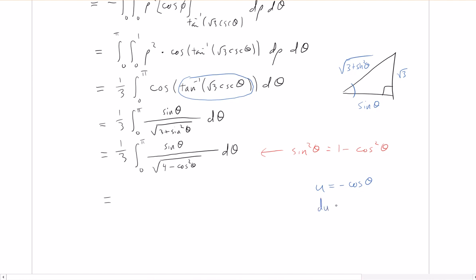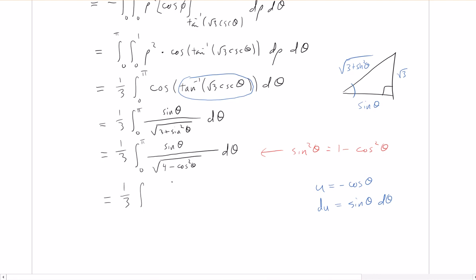Then du will be sine theta d theta. The only reason I put the minus there is so I don't have to add one. Because we already have sine theta d theta, there's the du, and cosine theta only appears as being squared, so the minus sign will go away anyways because it's squared. But it's not that important. You could still do it without the minus.